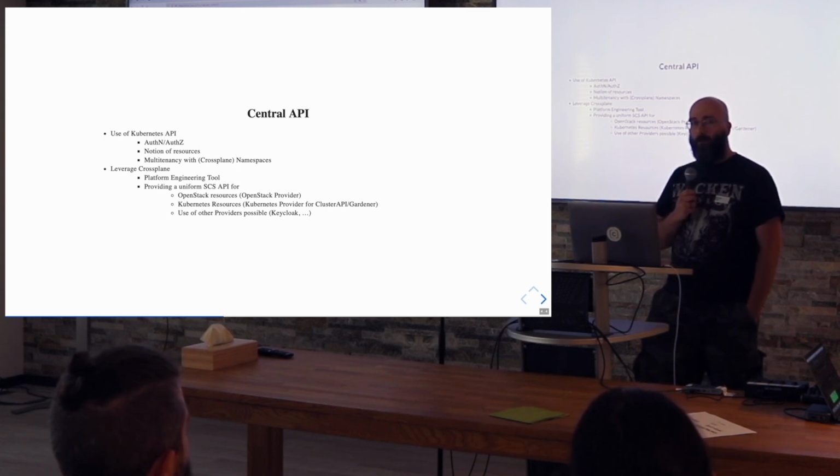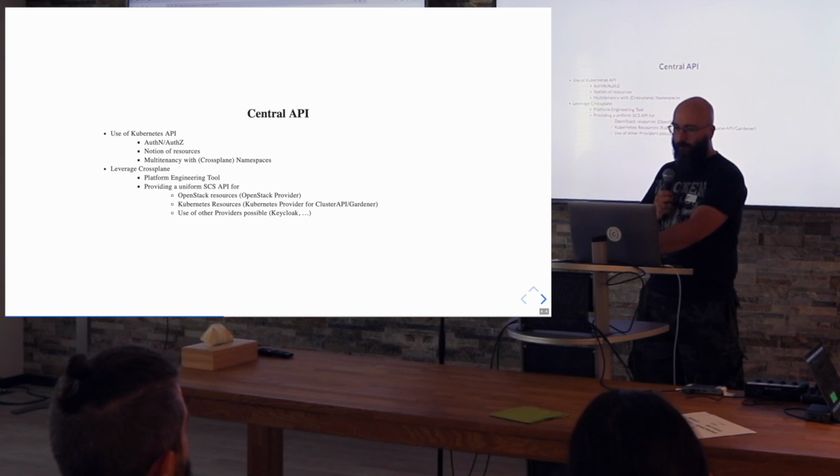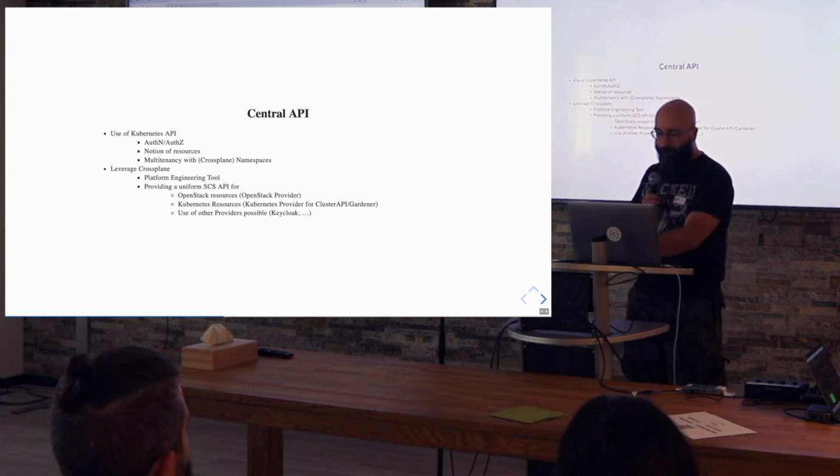And we can also use other Crossplane providers to extend it even further. Yeah, and that's basically it for the central API right now. Those capabilities are already working and can be tested.